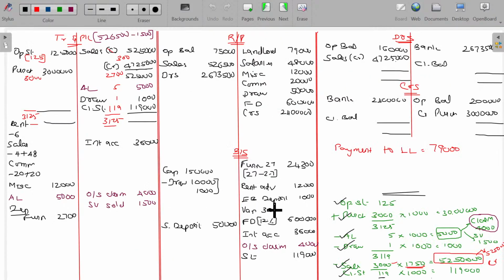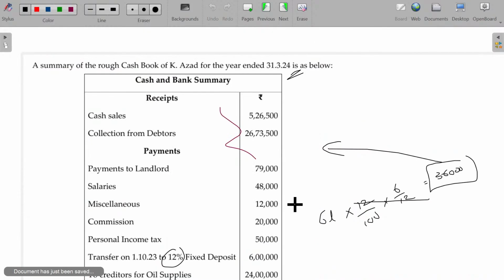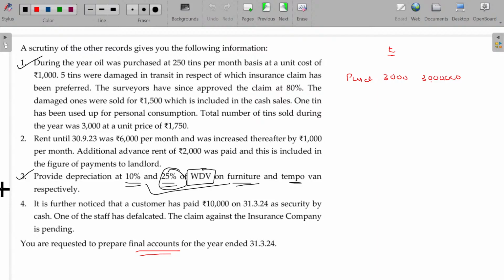So that 30,000 is WDV value only. On this 25% being 7,500. Am I right? So the depreciation for van being 7,500. If I subtract 7,500 from 30,000, 22,500 will be the ultimate value. So we have completed the adjustment number 3.